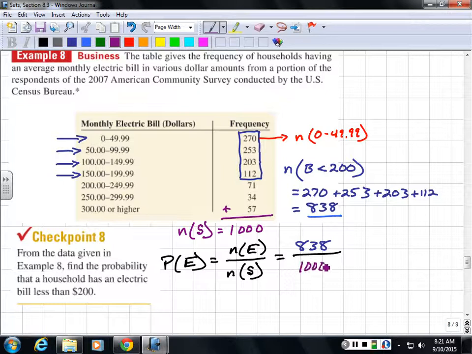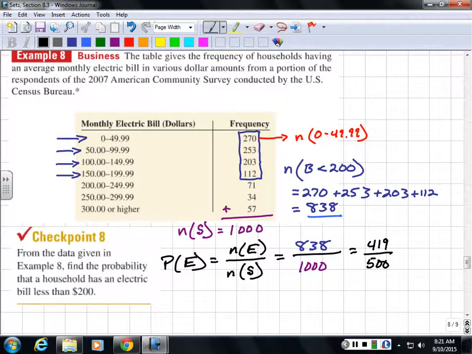Okay. Now let's examine this for a moment. That is not a simplified fraction, right? I can simplify it by dividing, well, both of them are divisible by 2, right? So I'm going to go ahead and simplify this fraction down to the following. That's the probability that if I pick an electric bill at random, it will be less than $200.